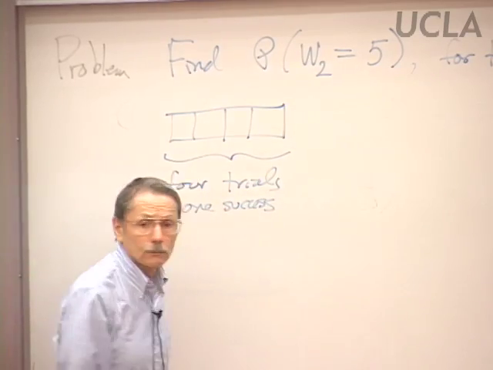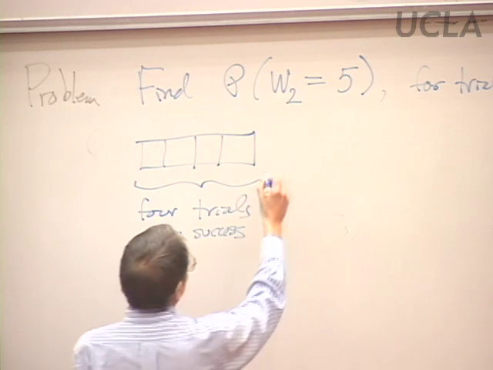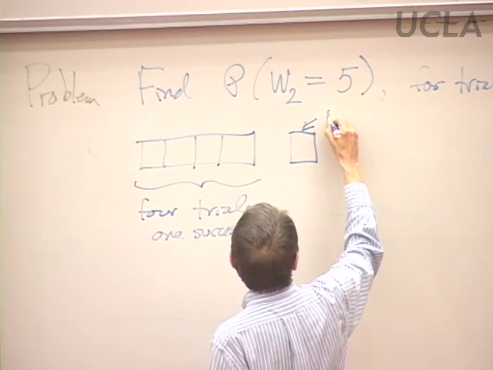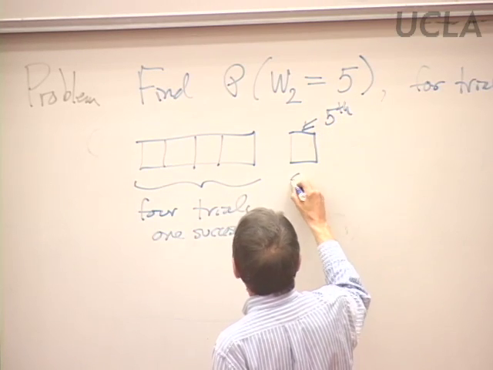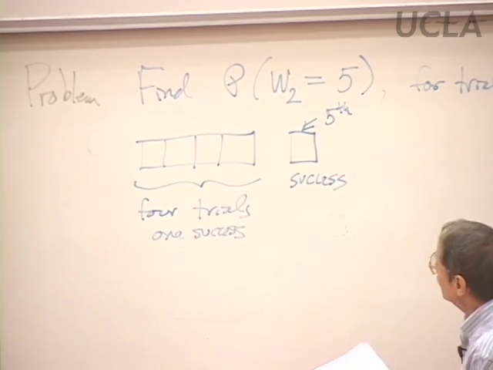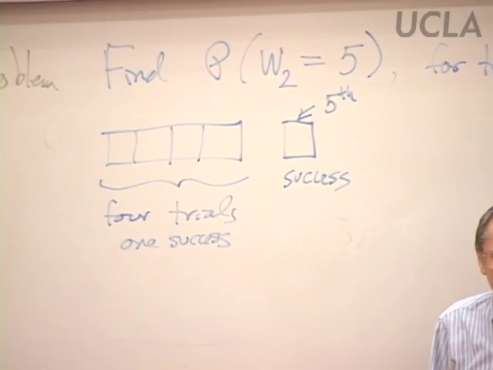If the second one was on the 5th trial, that means the first 4 had 1 success and 3 failures. And then the 5th trial had a success. So here's a picture, if you like, of the event W2 equals 5.